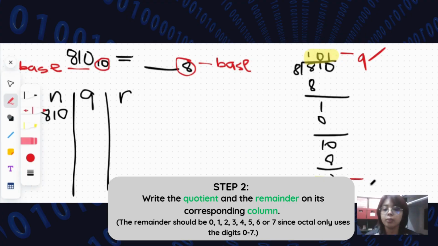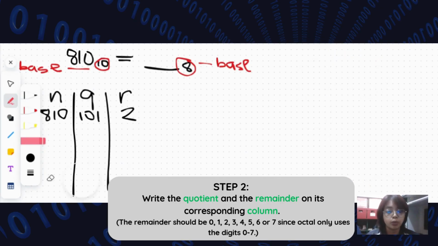We have to remember that our remainder should only range from 0 to 7. If our remainder results in 8, our computation is definitely wrong. So let us copy 101 to the second column, which is the quotient, and 2 to the remainder, which is the third column.